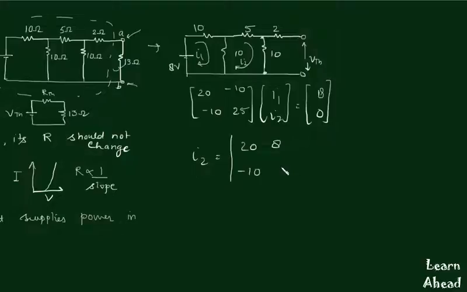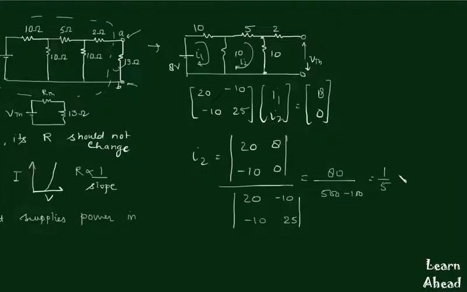This is like this, and dividing by the determinant of this matrix. So this comes out to be 80 upon 500 minus 100 equal to 80 by 500, 1 by 5 ampere. So VTH will be equal to 10 into 1 by 5, because VTH will be equal to potential difference across this resistor. This will be equal to 2 volt.